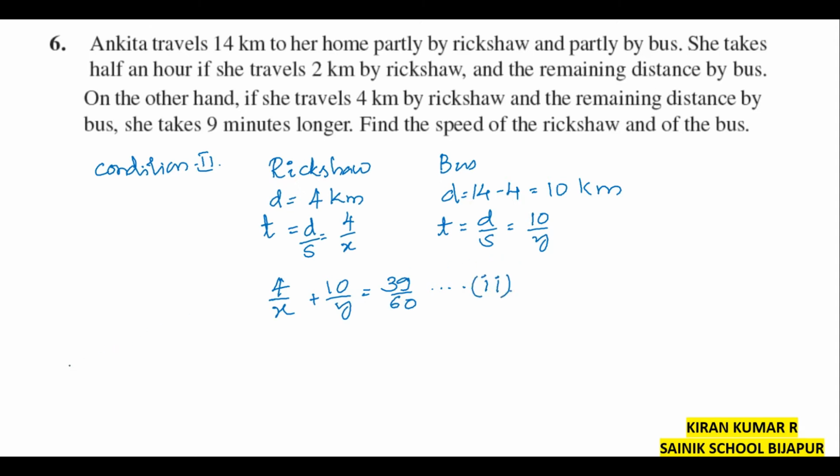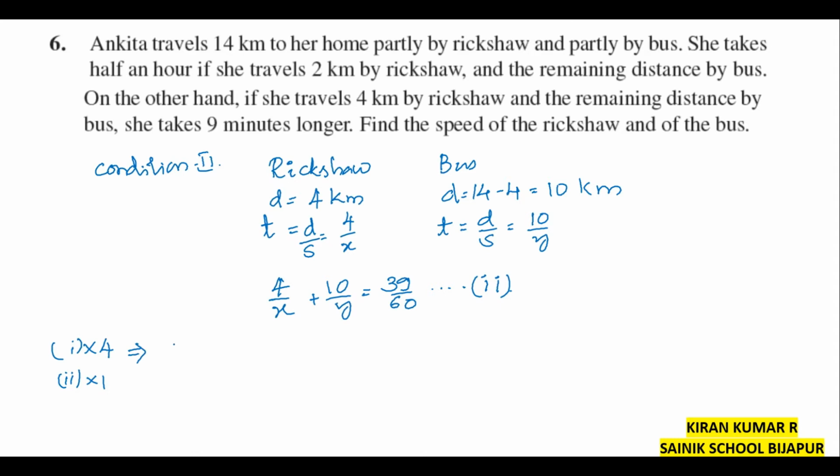We got the first equation as 1 by x plus 6 by y equal to 1 by 4, and in the second equation we have 4 by x plus 10 by y equal to 39 by 60. So I would like to multiply the first equation with 4 and the second equation with 1.